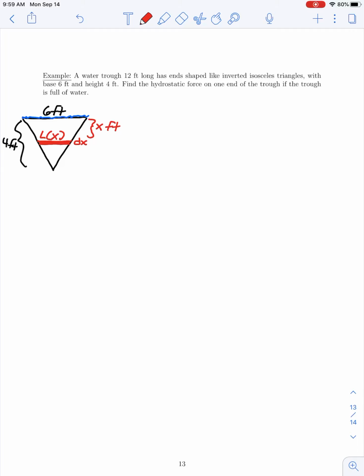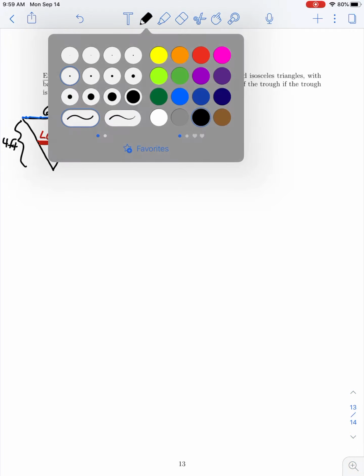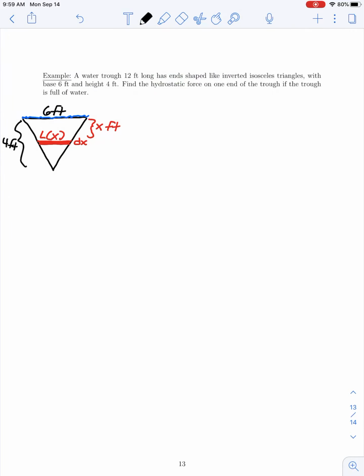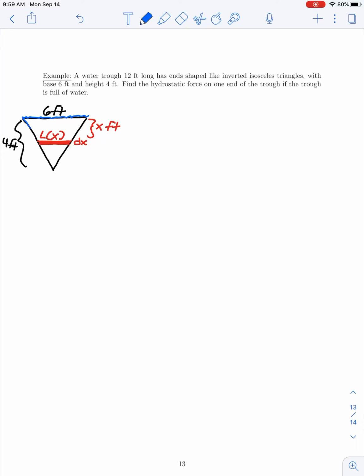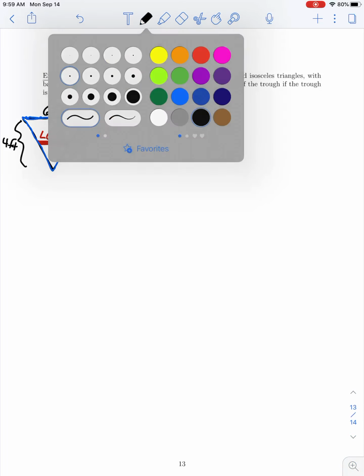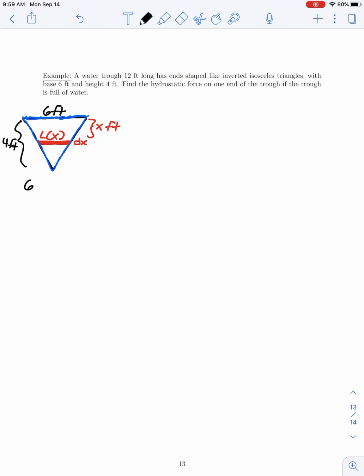So using similar triangles, the ratio of the base to the height of my large triangle, that is the triangle which forms the outer edge of our plate, had a base of 6 feet and a height of 4 feet.